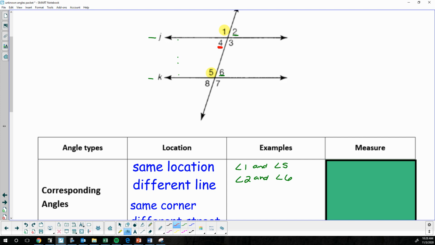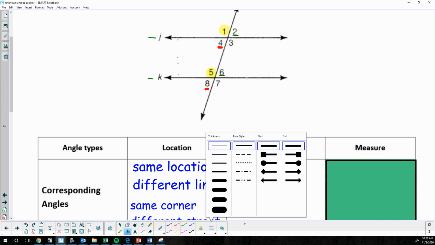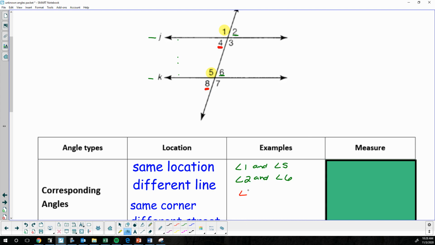Angle 4 is in the lower left-hand corner of J. Angle 8 is in the lower left-hand corner of K. So angle 4 and angle 8 are corresponding. And that leaves the lower right-hand corner, 3 and 7.